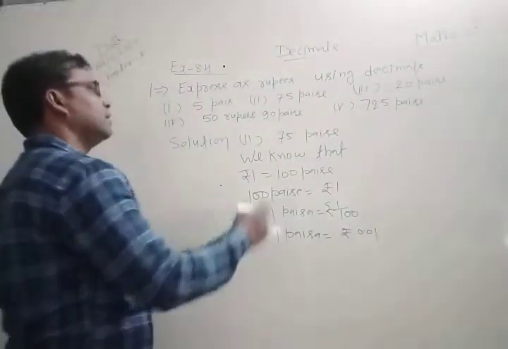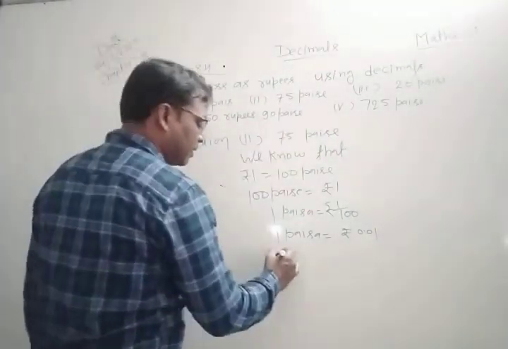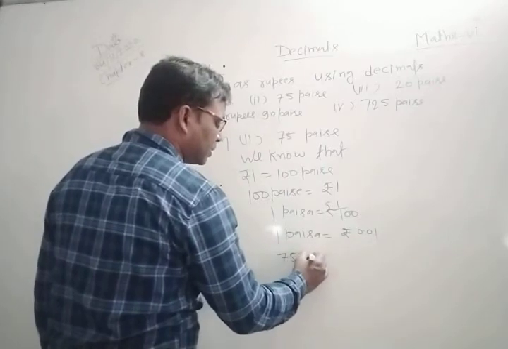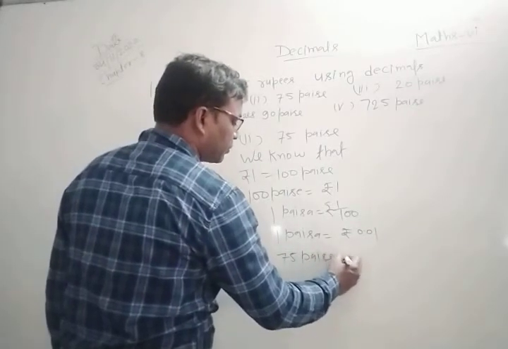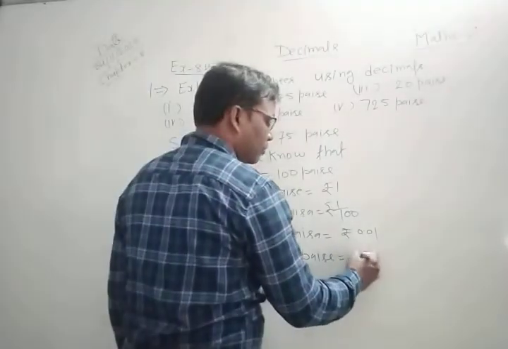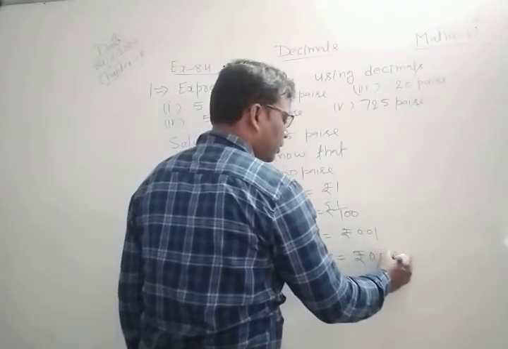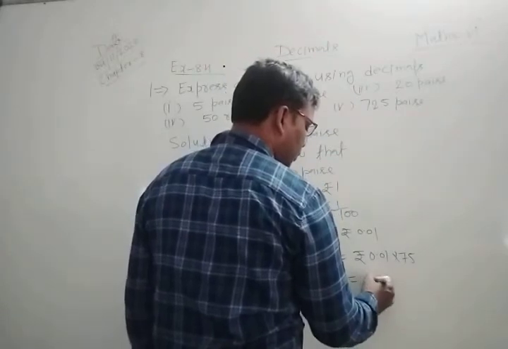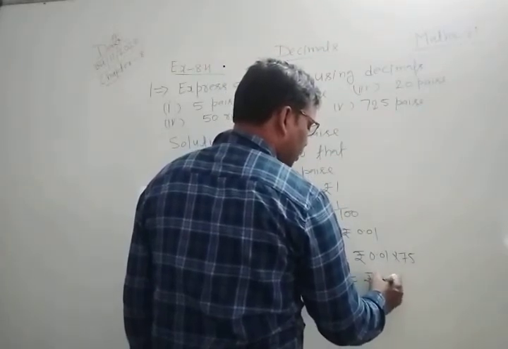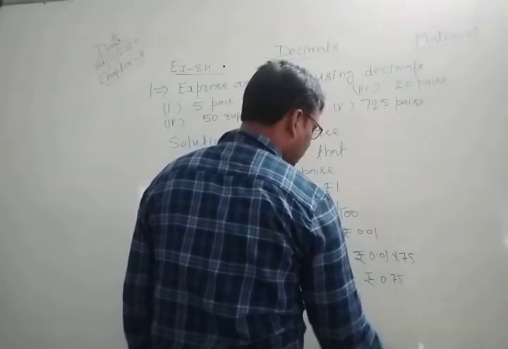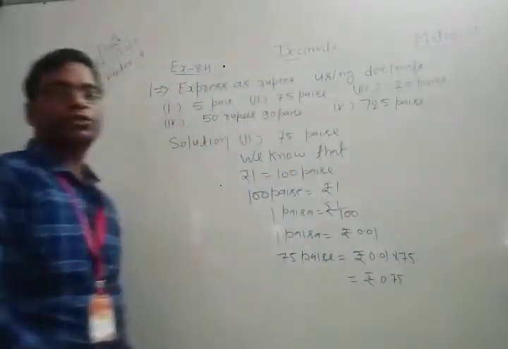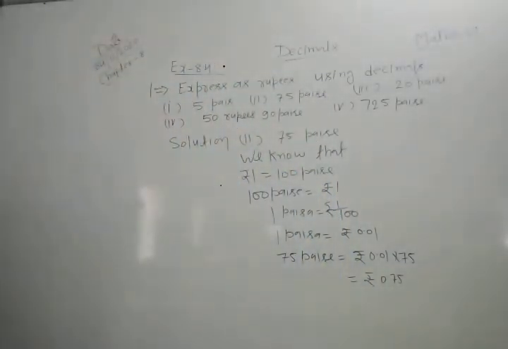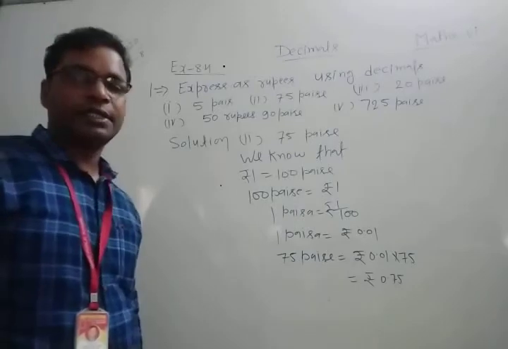But you need to find here 75 paise. This is equal to rupees 0.01 into 75. So 75 paise is equal to rupees 0.75. Okay, this is clear.